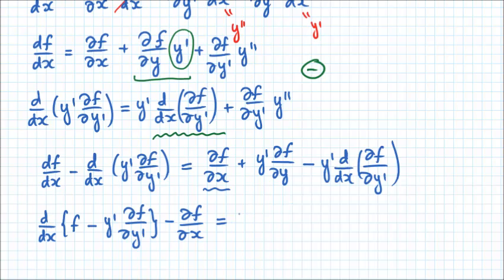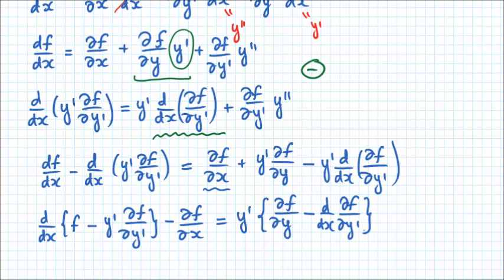On the right hand side we have y prime times partial derivative of f with respect to y minus full derivative with respect to x of df dy prime.